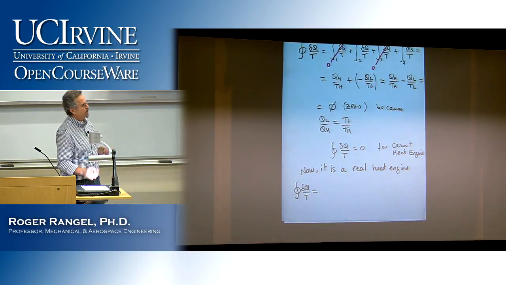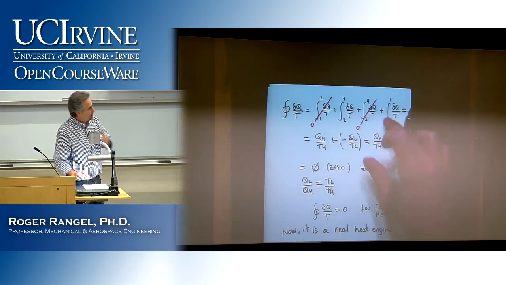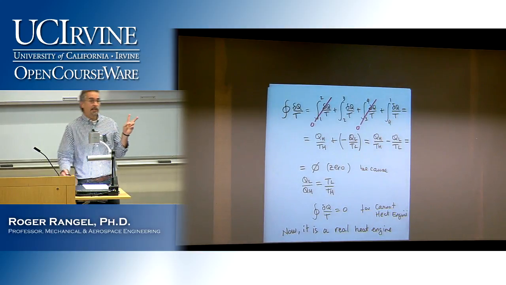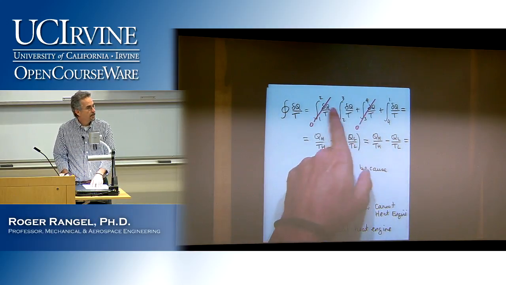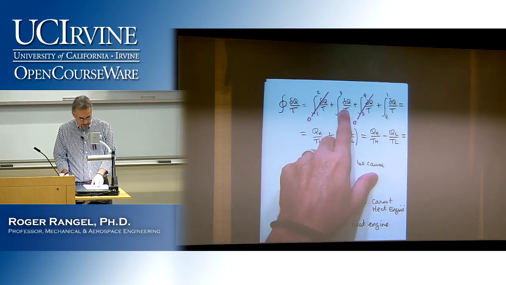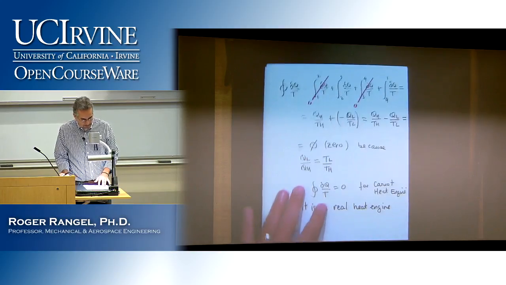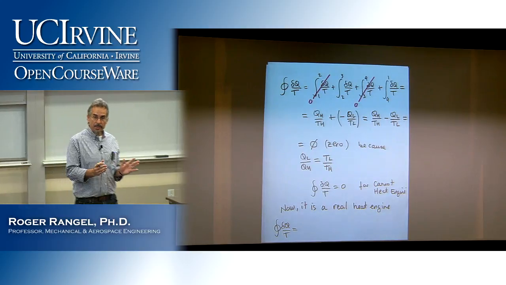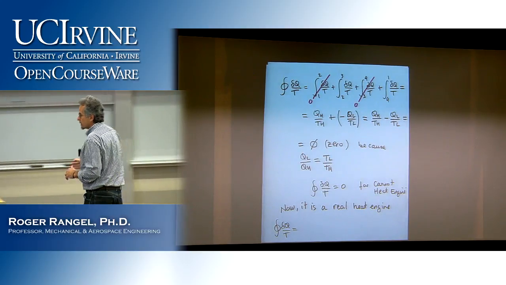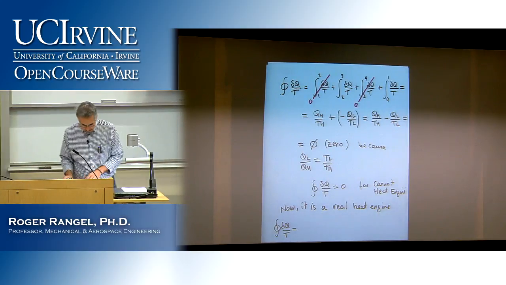Let's see what changes. If we go back here to reuse these results, since I still have the 2 adiabatic processes, this is still true. So this doesn't change. And what about 2 to 3 and 4 to 1? That doesn't change either. Those are still isothermal. So it's still the same cycle.